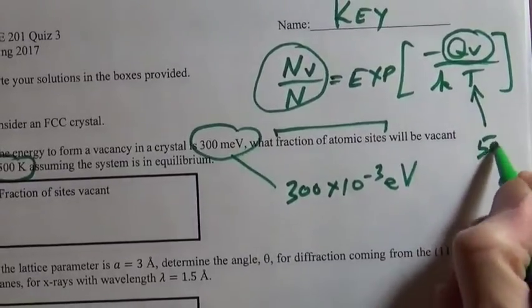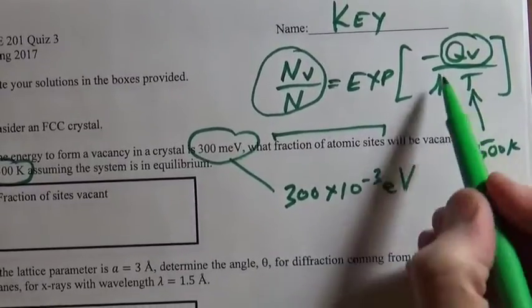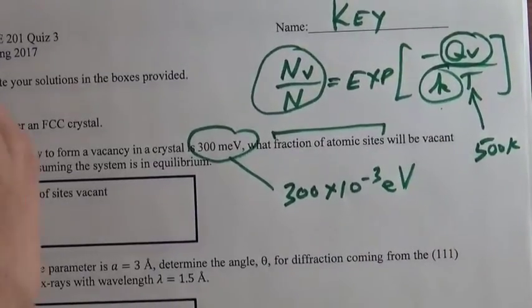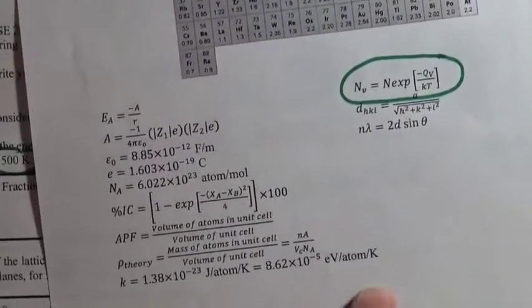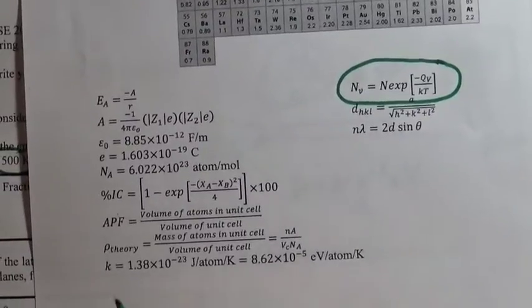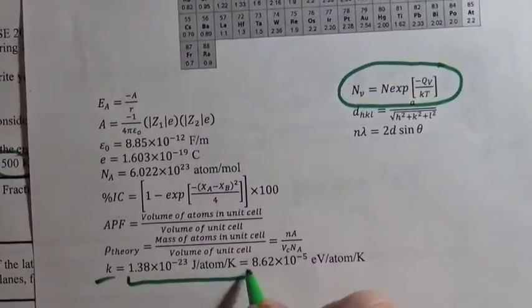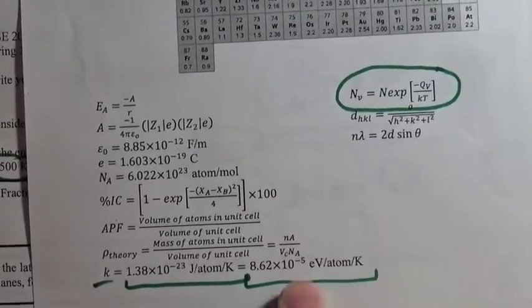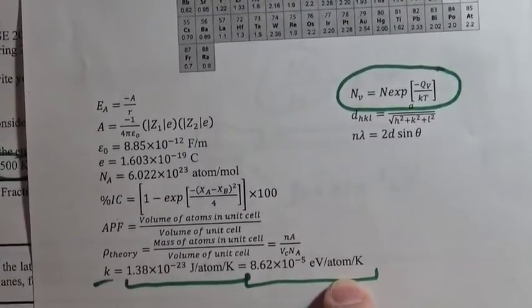That's 500. Which means that we need to pick the Boltzmann constant in the proper units. And we have it here. Here we have it in terms of joule per atom per Kelvin, and here we have it in electron volt per atom per Kelvin.